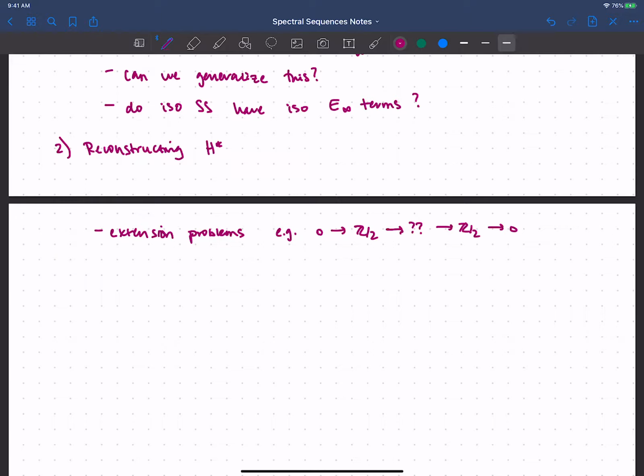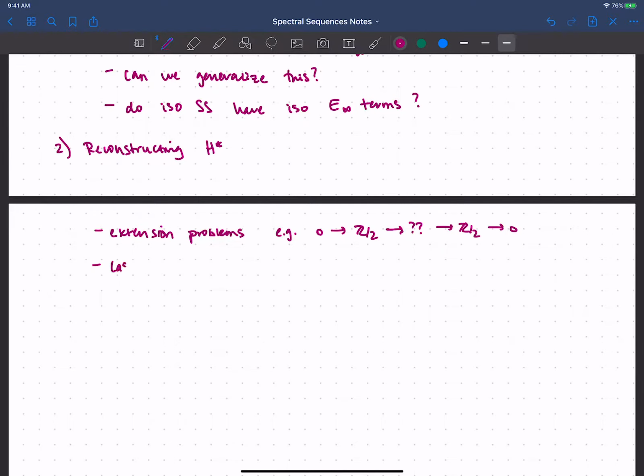And then we see that we don't know necessarily how to resolve this. And in that case, I think we use the universal coefficient theorem to find out this should be a Z mod 4 in the middle rather than Z mod 2 direct sum Z mod 2. Okay, so we might have to solve extension problems, but that's actually really the least of our worries, because things could really be quite a bit worse.